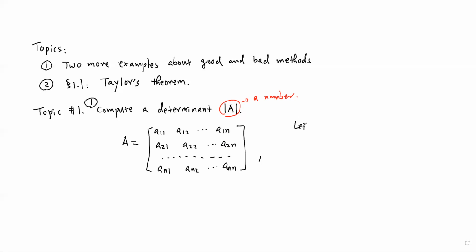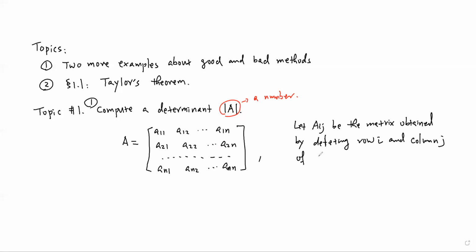Let Aij be the matrix obtained by deleting row i and column j of the matrix A. I use Aij to denote the submatrix obtained by deleting the ith row and the jth column of the matrix.